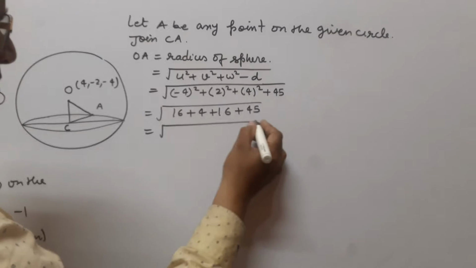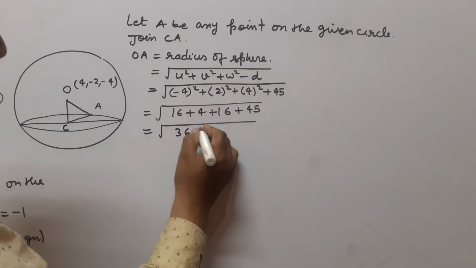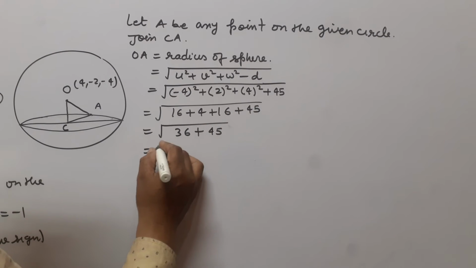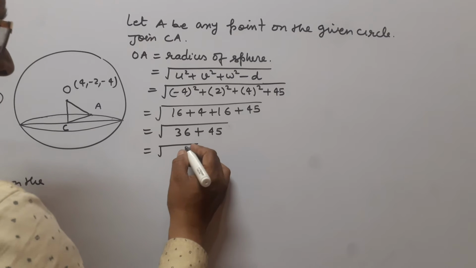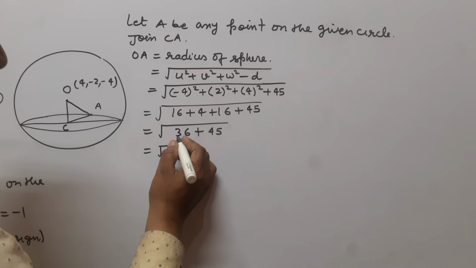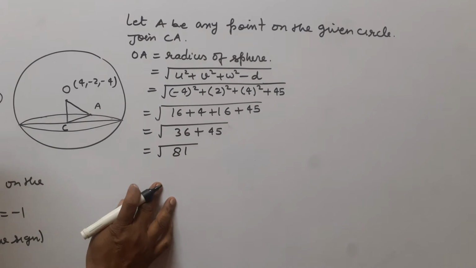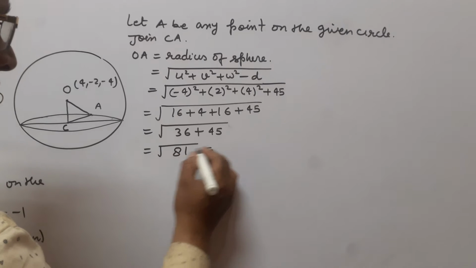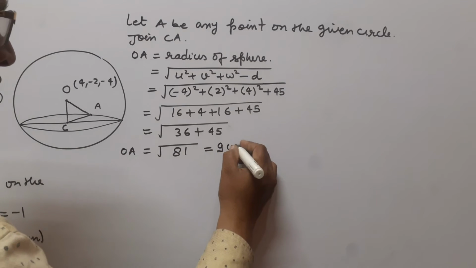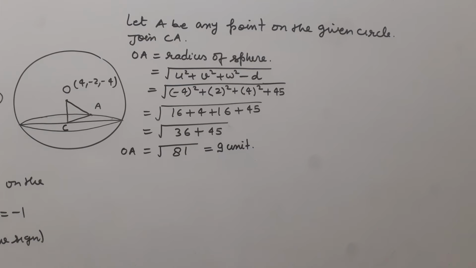So 16 plus 16, this is 32, plus 4, this is 36, plus 45, this is 81. Now square root of 81, this is 9. So the radius of the given sphere 1 is 9 units.